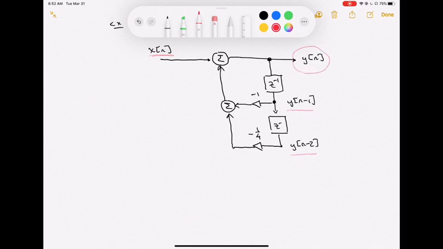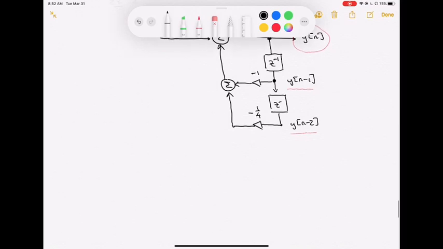So if I put all that together in equation form, I get something like this. My output y of n is equal to the input x of n minus the last output y of n minus 1, minus 1/4 of the output 2 units ago, y of n minus 2. So through this structure, I was able to derive an equation that relates input and output.